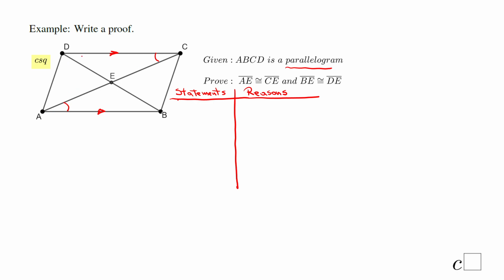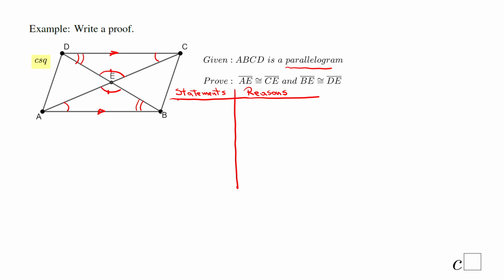But also, if we're looking, the other diagonal forms these two angles, which are also congruent because they are alternate interior angles. And now some of you may say even these two angles are congruent, which is correct because those are vertical angles.